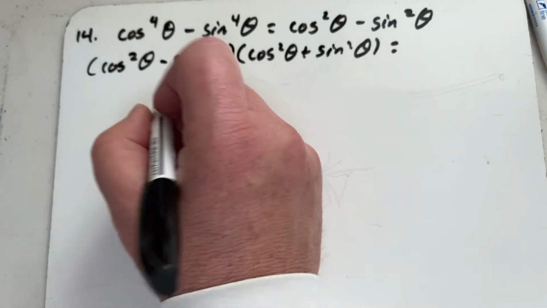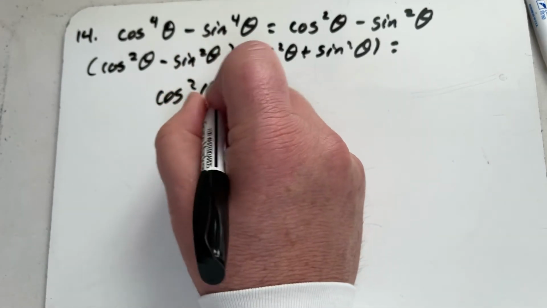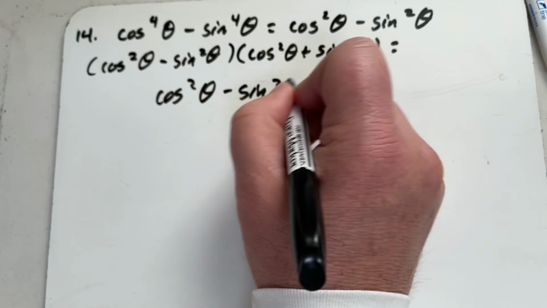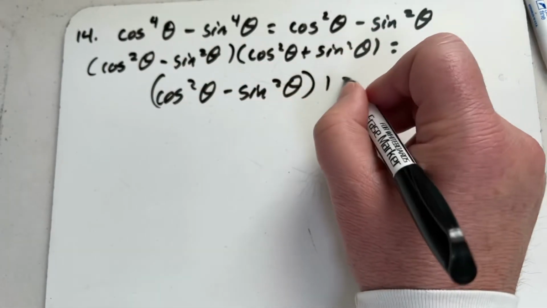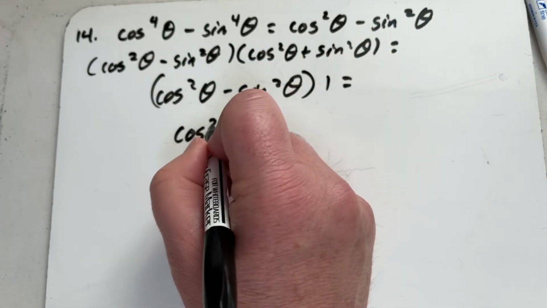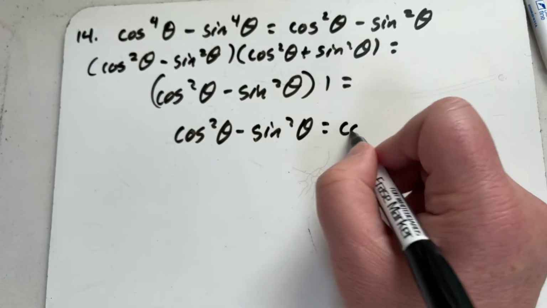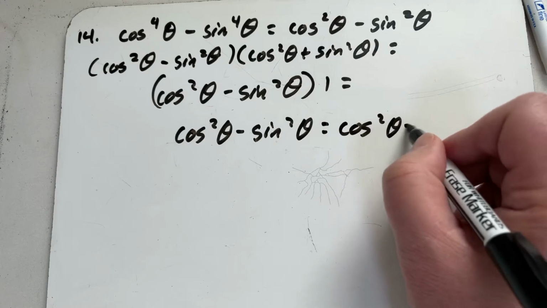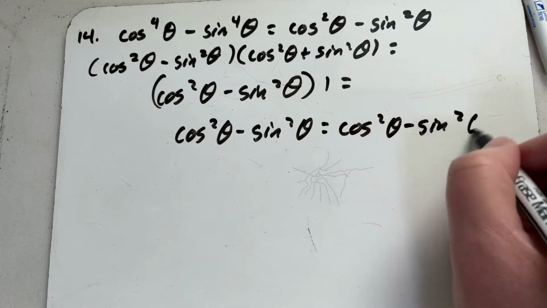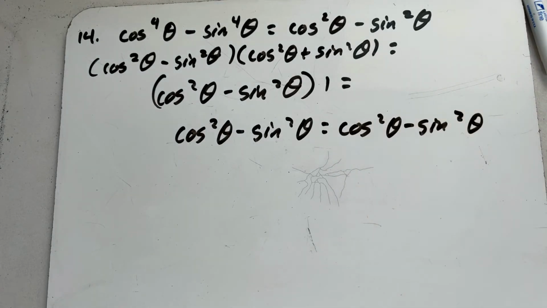This equals 1. So I have cosine squared minus sine squared times 1. And there's our answer right there. There you go.